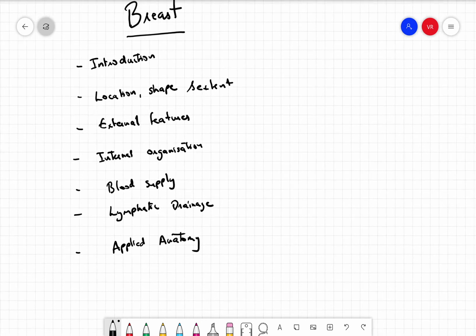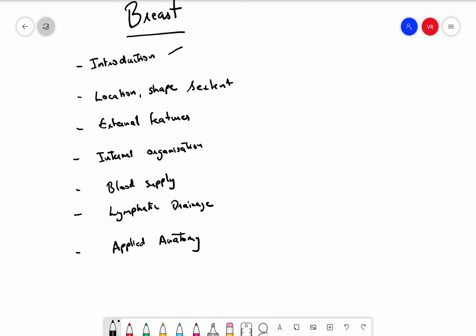So how this is going to work is, introduction you write about half a side. And this location, shape, extent you write for one side, and you can include diagrams in every subheading, and the more diagrams you use in anatomy, the more marks you're going to get scored.